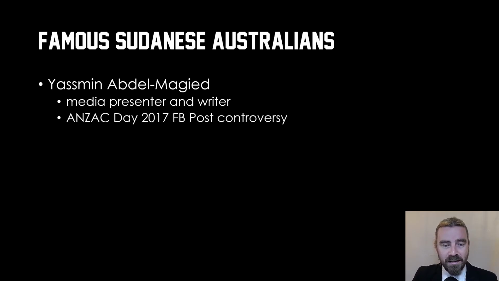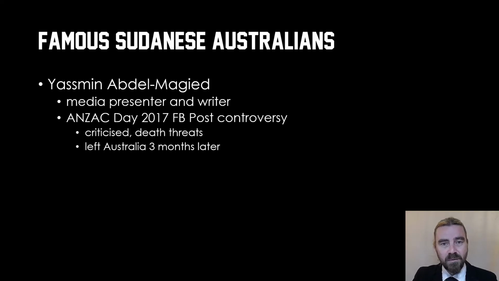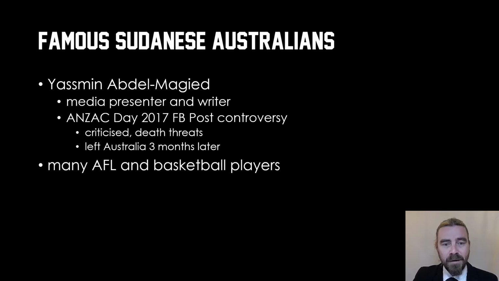On Anzac Day in 2017, she put up a Facebook post, and I'm going to show you that post in a minute. There was a big controversy about it. She was heavily criticised. She received death threats, and she left Australia 3 months later, moved to London, and as far as I know, she has never moved back to Australia. And I'll show you them in a second. Other famous Sudanese Australians, AFL and basketball players.